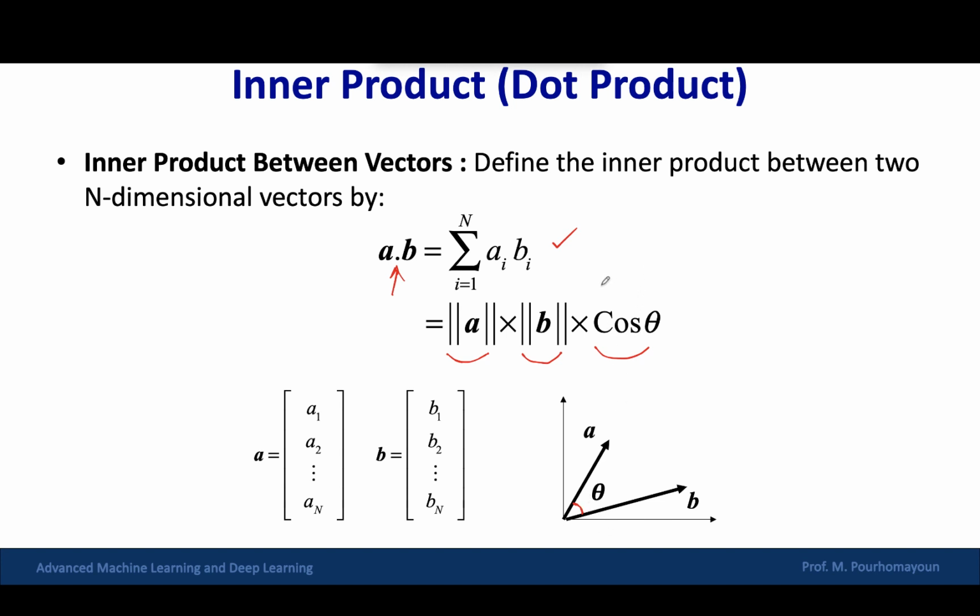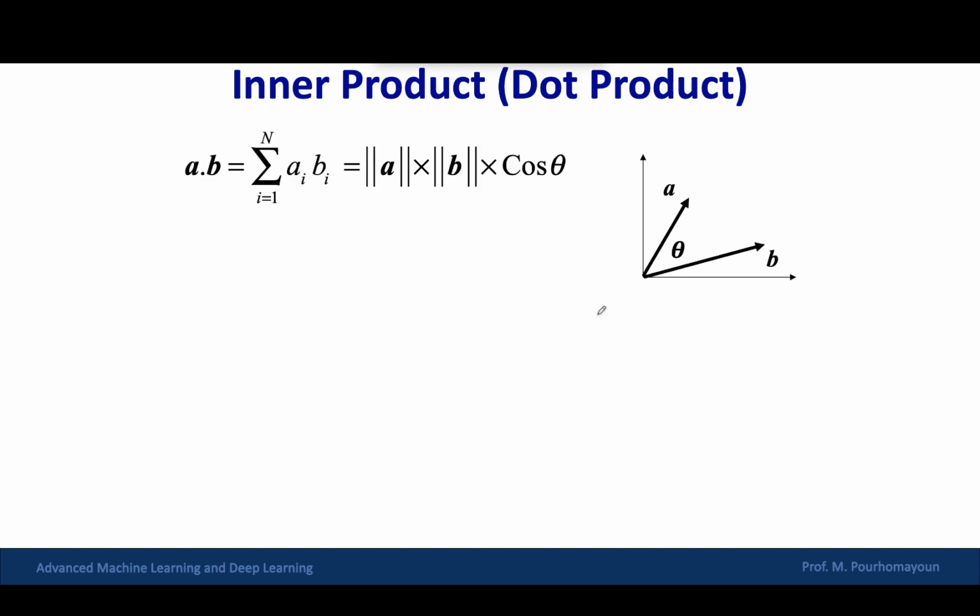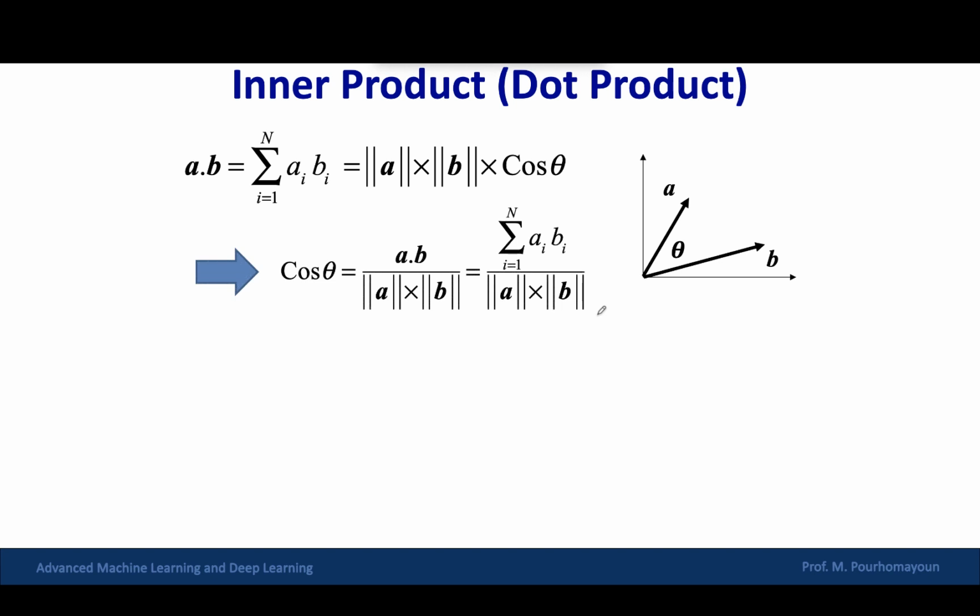Okay, so it looks maybe weird, but you need this a lot in data science because it gives us the angle. This is one way to find the angle between two vectors. We mentioned that the inner product is equal to this and also equal to this, so the cosine is equal to this divided by the lengths.